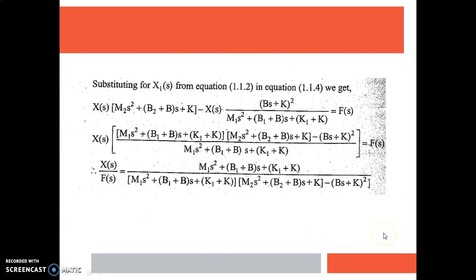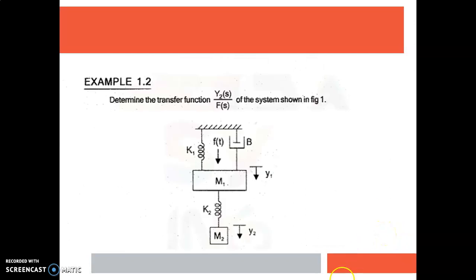From the figure itself we can find what Fm1 is. We know the expression: Fm1 is equal to m1 into d²y1 by dt², because y1 is the displacement associated with m1. Next is Fk1.